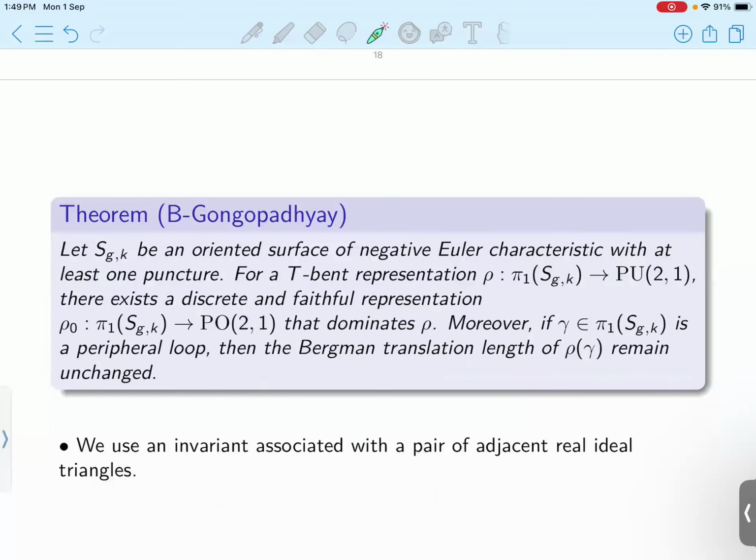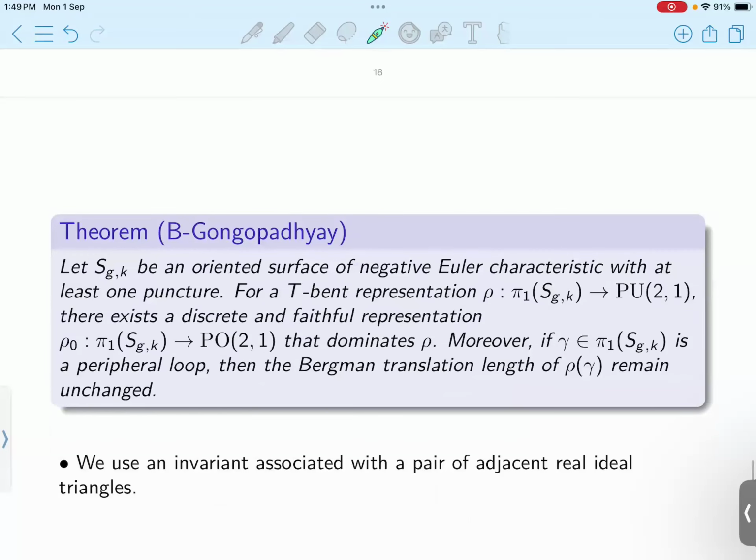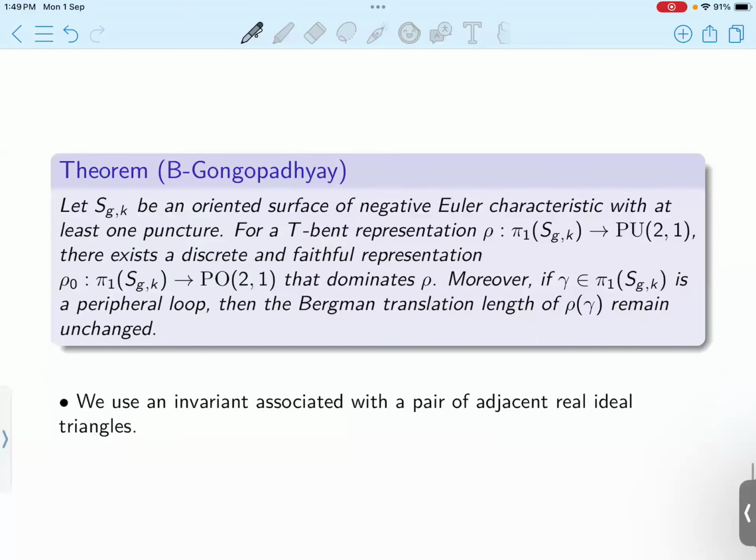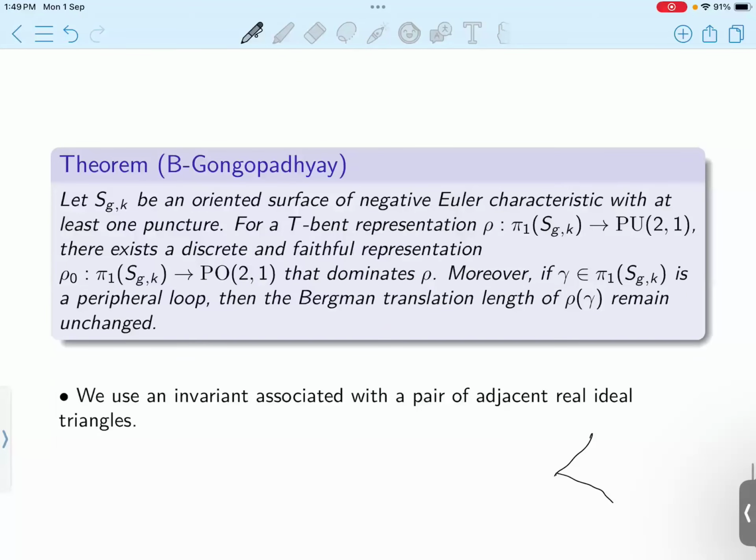We use the invariant associated with a pair of adjacent real ideal triangles. Let me probably draw the picture here quickly. If we have such an adjacent pair of real ideal triangles, then we can define an invariant.